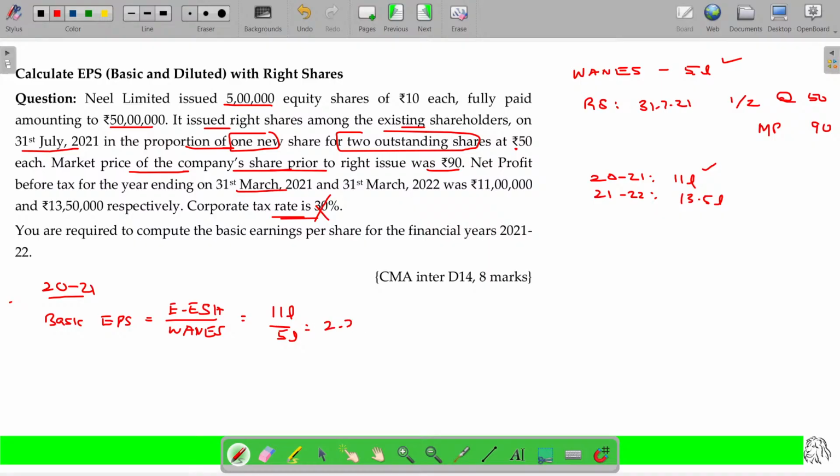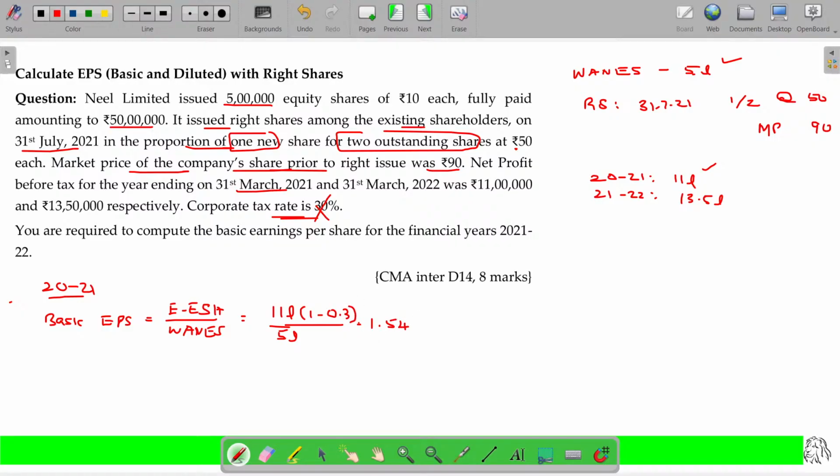So 2.2 will be the basic EPS. This is before tax, so I can now subtract the tax component by multiplying by 1 minus tax rate. Then 1.54.